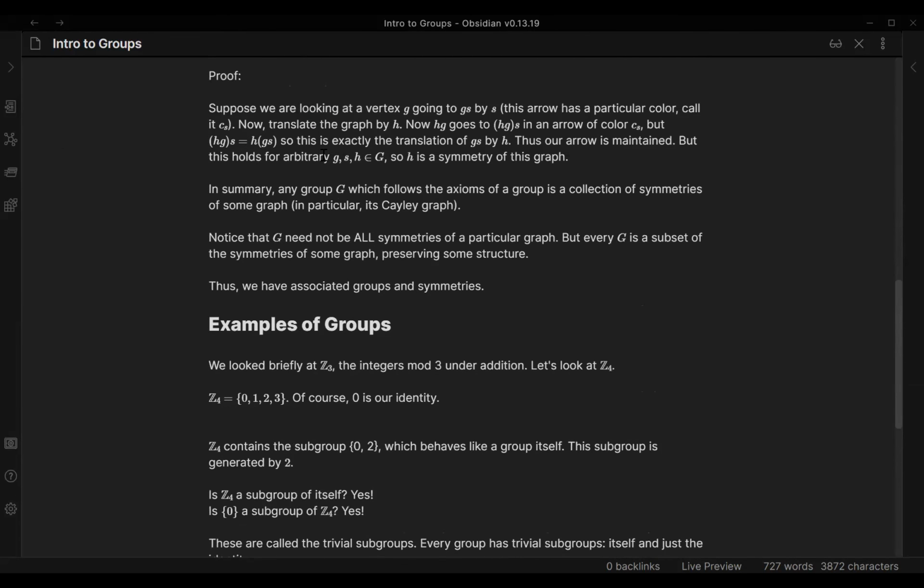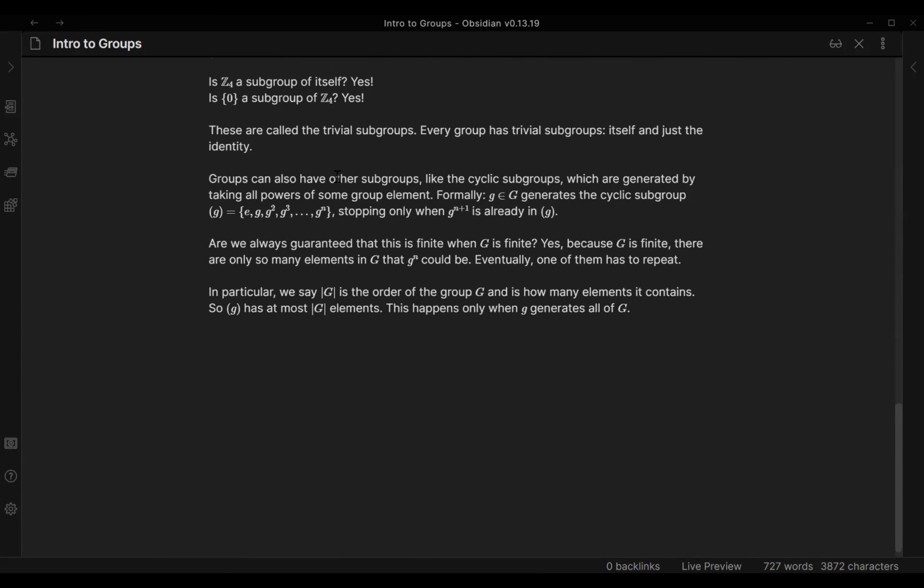And then talk about some very basic groups like the Klein 4 group, like Z4, like the group of symmetries of a square, and talk about the notion of subgroups and cyclic subgroups in particular. That concludes what I have to say on this first installment of introductory group theory.